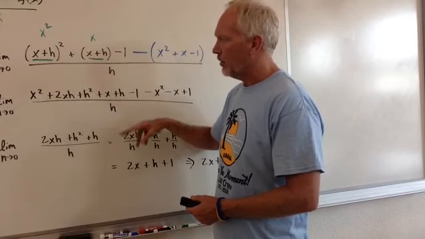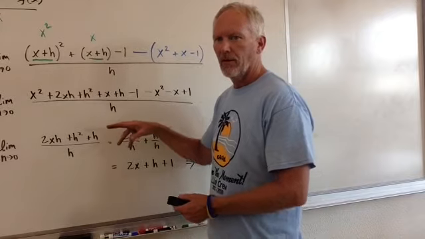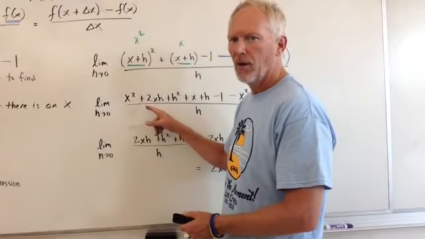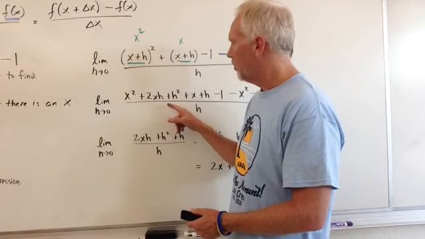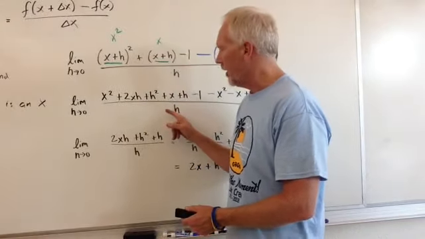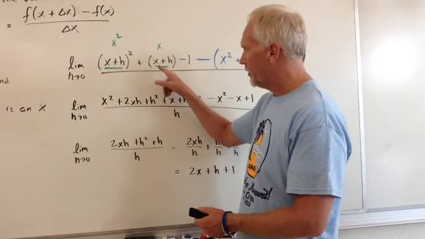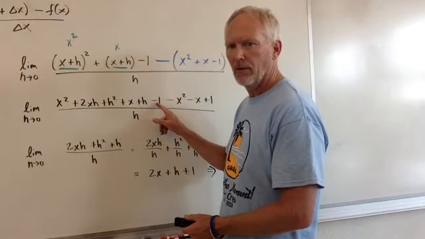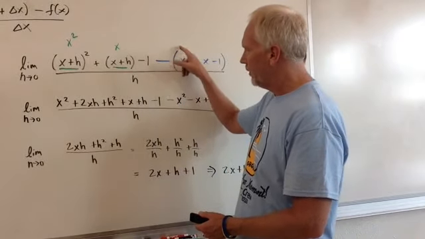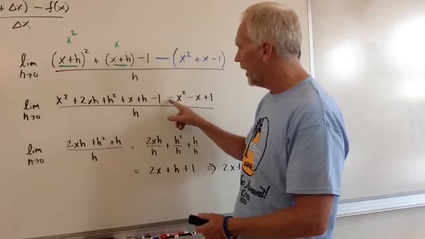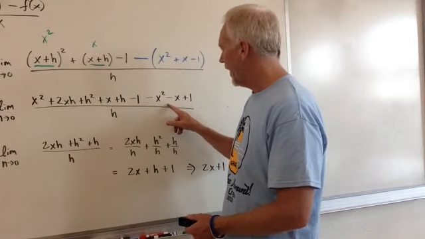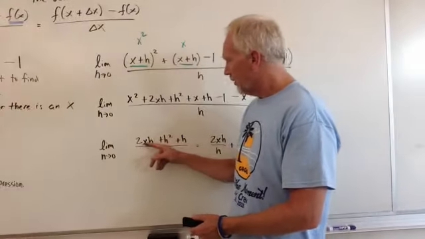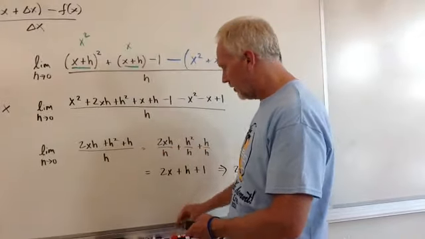Okay? So when we expand it, we get x squared plus 2xh plus h squared. And then there comes x plus h, that's from there, minus 1, there's our minus 1. And then we've distributed this negative, so we get negative x squared minus x plus 1. All right? When we go down further, we'll notice that some things go away.